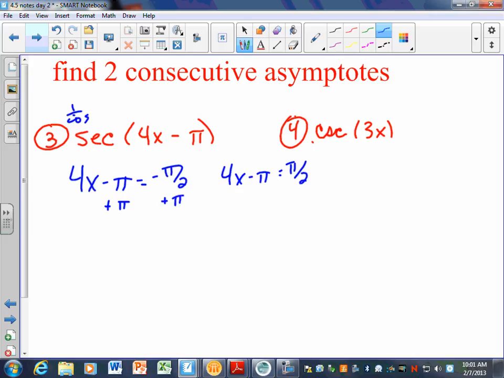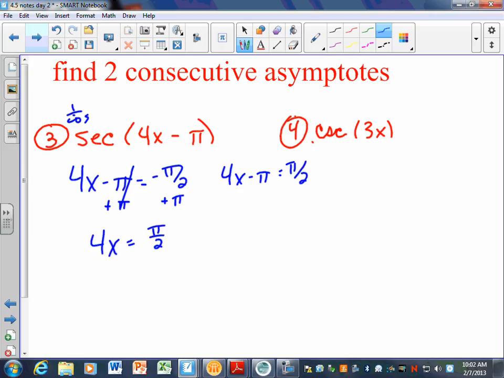I can add those together because they both have pi in them. It's like negative 1/2 pi plus 1 whole pi. Do you agree that that's just positive pi halves? You can always do that on your calculator, just leave the pi out of it and then put the pi back in it.